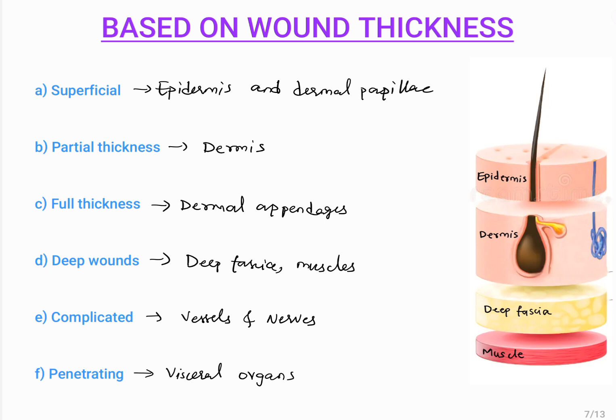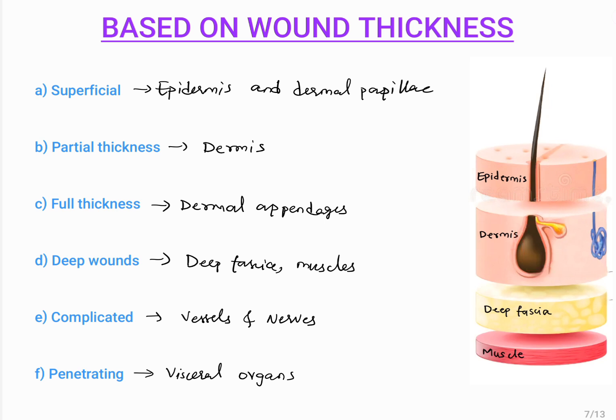In the image, we can see that the epidermis, dermis, dermal appendages, deep fascia, and muscle are arranged in a proper form. So, the superficial wounds involve only the epidermal layers and the dermal papillae, whereas partial thickness involves the complete dermis excluding the dermal appendages.